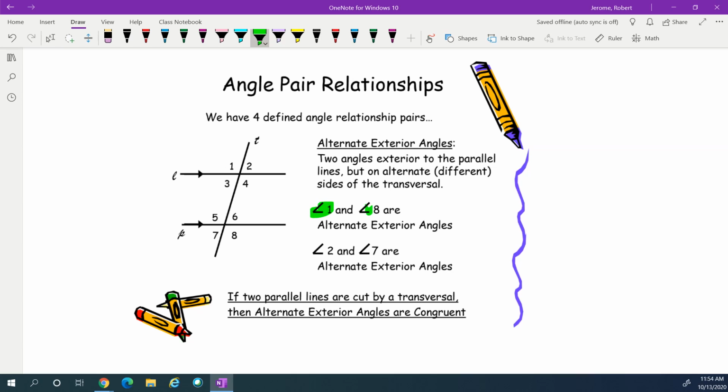Look at angle 1 and angle 8. They are on different sides of the transversal, so they're alternate. They are outside the parallel lines, so they are alternate exterior angles.